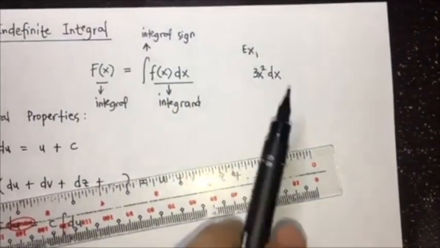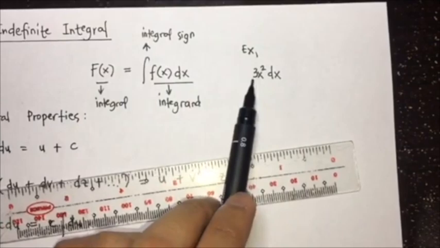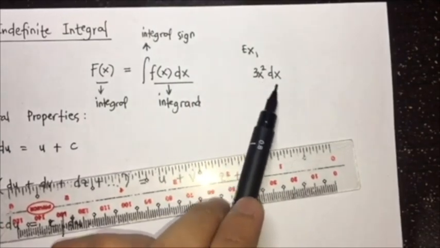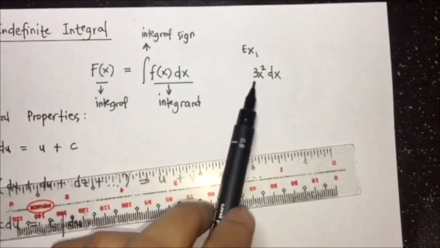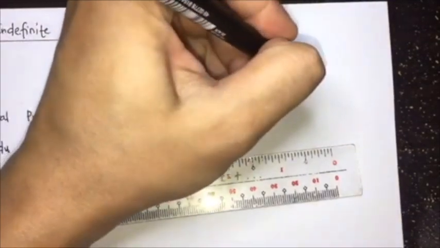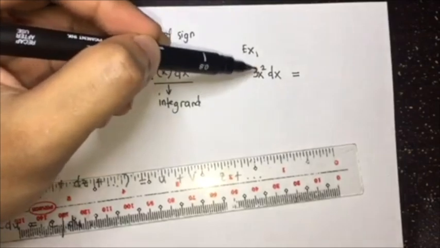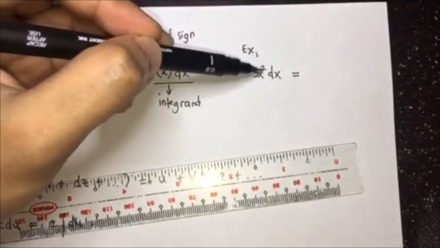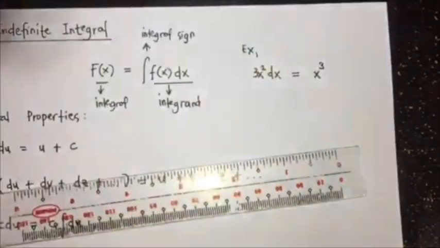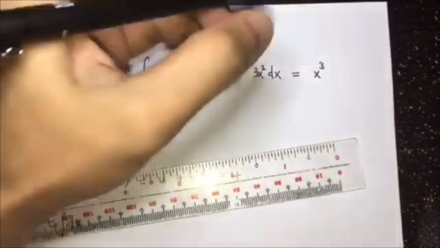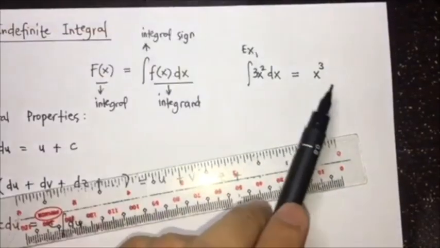We are given this differential and we want to find the original function, a function which has a differential of 3x squared. Knowing our differential calculus, we can see that a function with a differential of 3x squared must be x cubed, right? So therefore, the integral of 3x squared dx is x cubed.